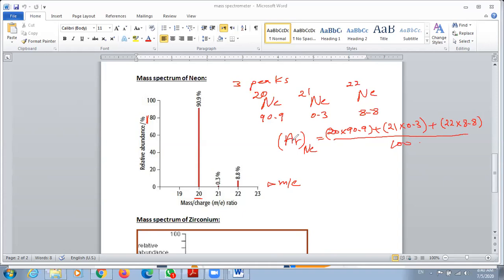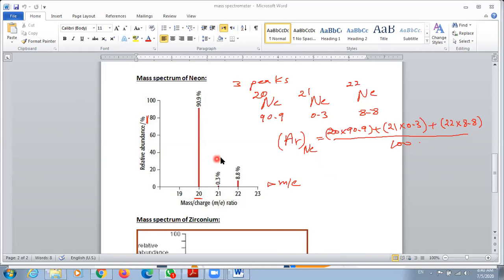Okay, so from this we can calculate the relative atomic mass of neon. And of course, we should find it very near to 20 because it is the maximum percentage. If we look at any periodic table, we will find the relative atomic mass of neon is written as 20.